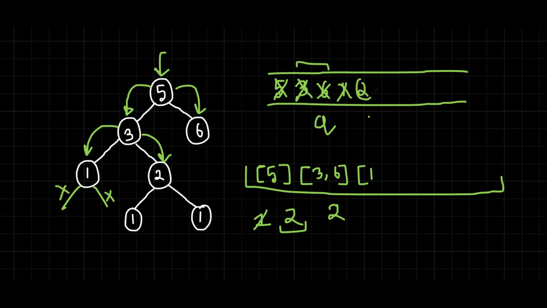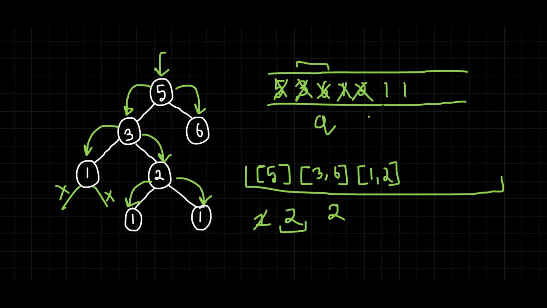Now we insert 2 into a vector, and 2 has a left and a right child, so we insert both of them, which are 1 and 1. And we remove 2 as well. So it is the third level actually, it's my mistake. For the third level, it is 1 and 2.